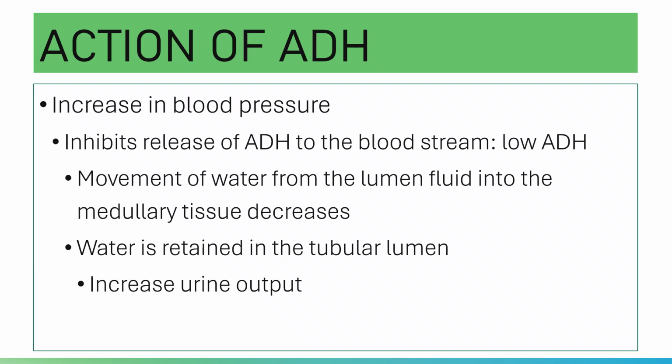When there is an increase in arterial blood pressure, this is a signal for the hypothalamus to inhibit the release of ADH into the bloodstream.